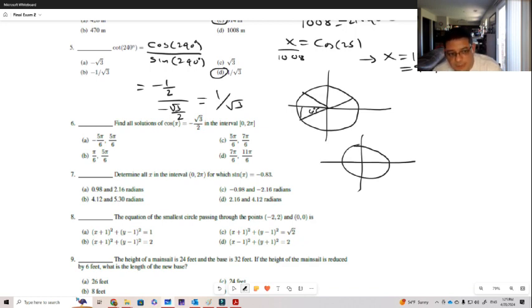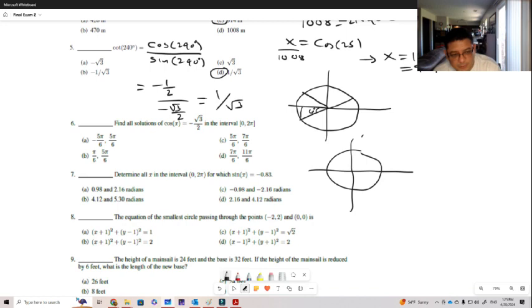Because we have a negative cosine, we're talking about a negative value of the cosine in the unit circle. So you're going to have an angle here in the second quadrant, and an angle here in the third quadrant.